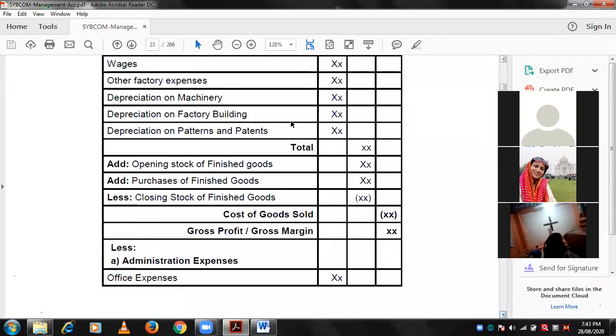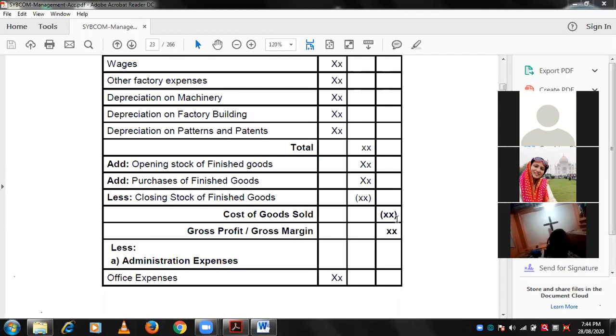Then after, what we see here is the opening stock of raw material. But in this case, here we have to add the opening stock of finished goods, then purchases of finished goods, then closing stock of finished goods. So all these finished goods related opening stock and purchases we are going to add here, and closing stock we are going to deduct here. Then we are going to get, at last, the cost of goods sold, right?